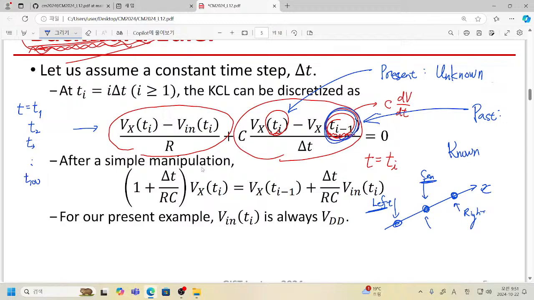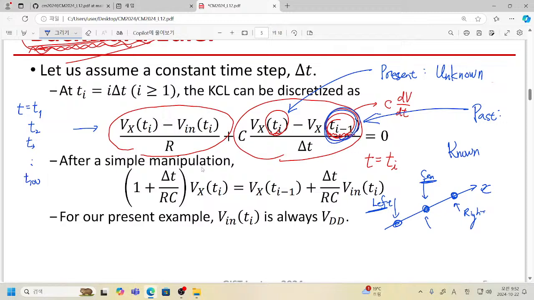So we have a clear difference between spatial treatment and temporal treatment. Space is regarded as one body, and instead time is regarded as something sequential that can be sliced into several pieces: 1 second, 2 seconds, 3 seconds.